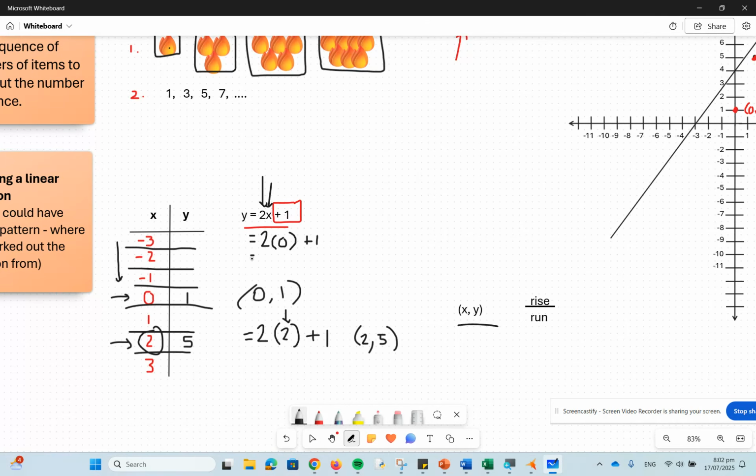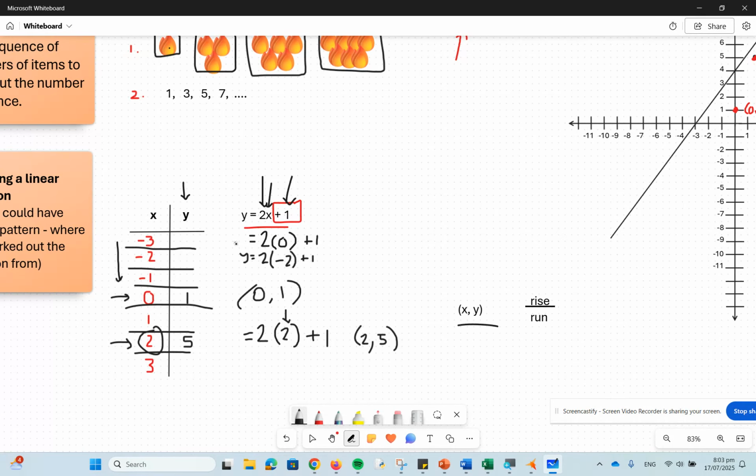So that will be 2, and instead of x, I'm putting negative 2 now, plus 1. The plus 1 is that number there. So now I work it out. Remember, this is equal to y, so that's why it goes in the y column.